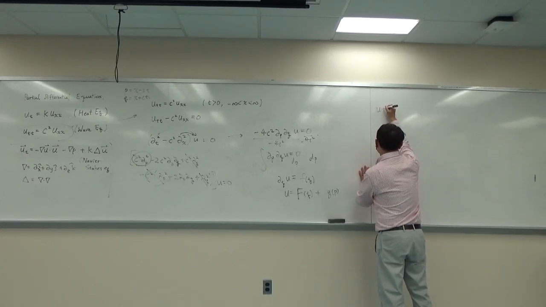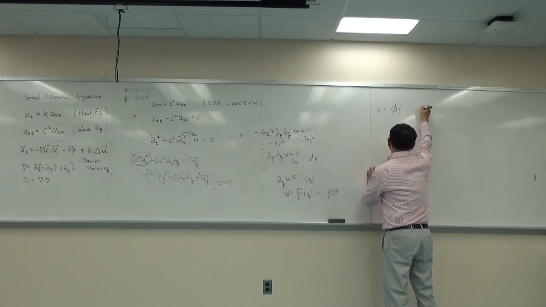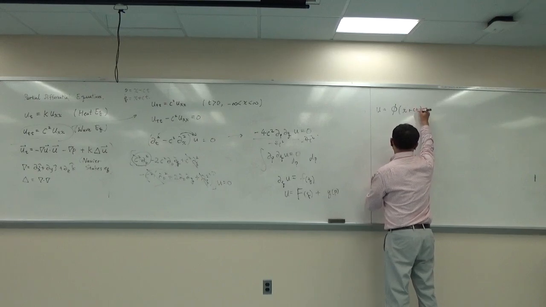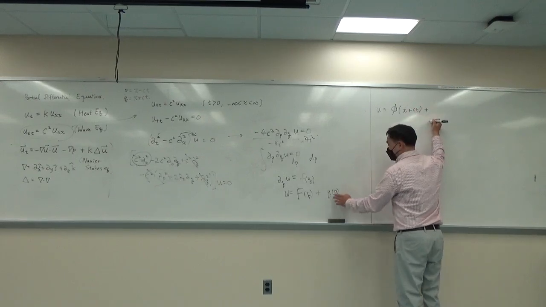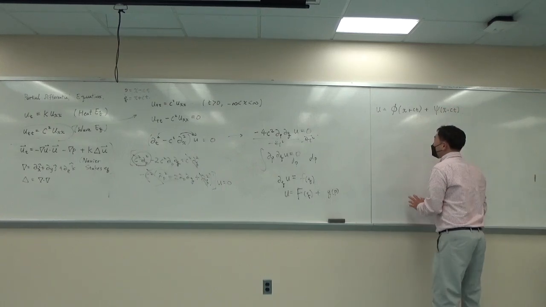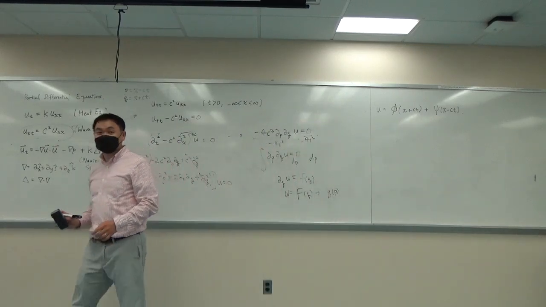So I'm just going to call capital F phi, of q, which is x plus ct. And instead of g, I'm going to call it psi of x minus ct. Hopefully the Greek letters won't freak you out too much. Okay. So that's the solution.